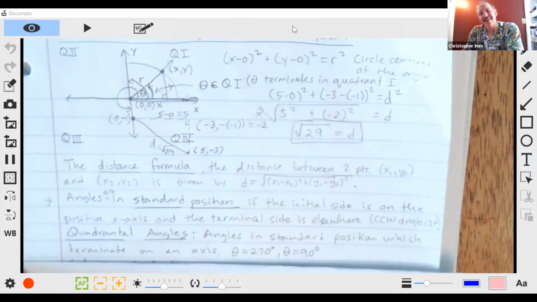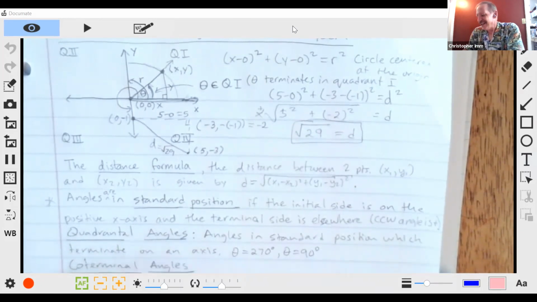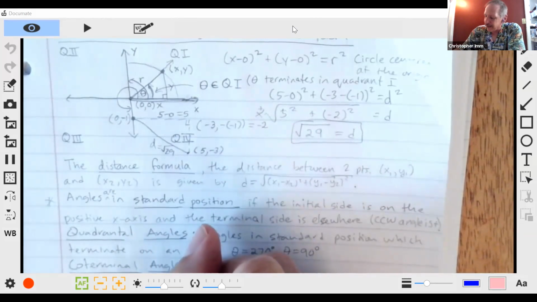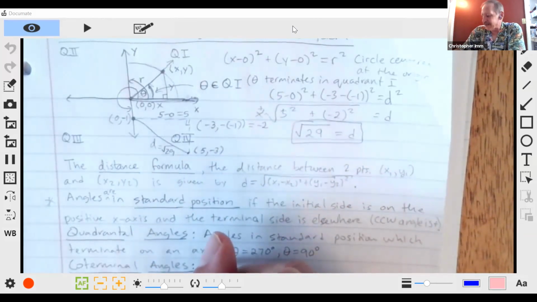Okay. One more piece of terminology, and then we'll get to some more math here. So we have things called coterminal angles, and coterminal angles are important because they start at the same place and they terminate at the same place, but they're not the same angle. Okay. So coterminal angles, we can say that they're angles in standard position.